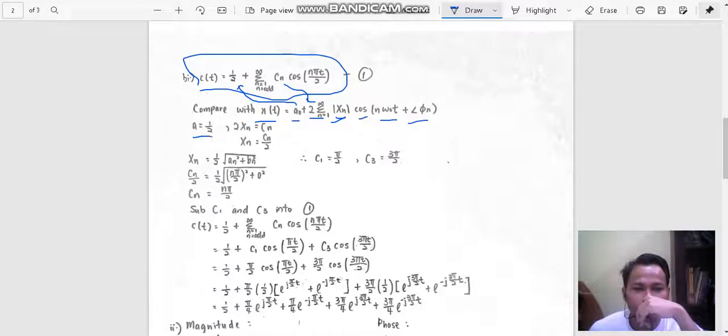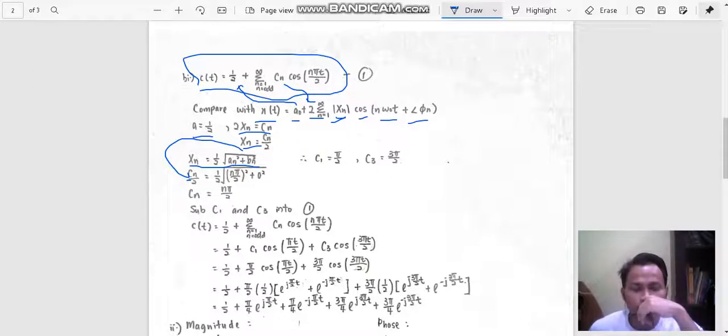We use the formula to get the Xn right here. Xn equal to 1 over 2 square root of an square plus bn square, and as Xn equal to Cn over 2, we just substitute Cn over 2.